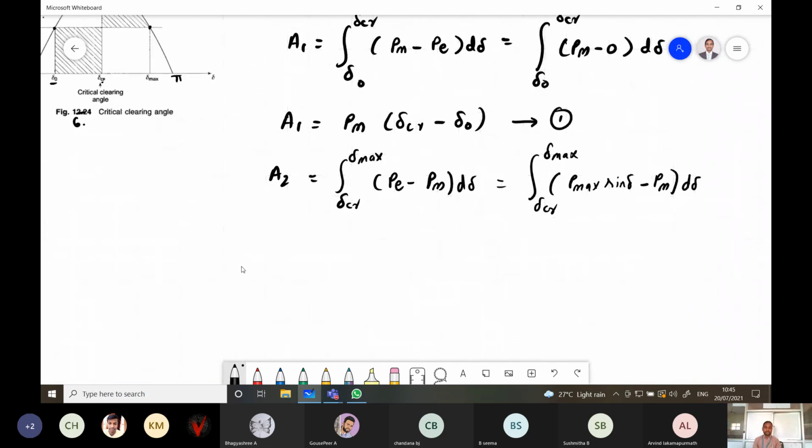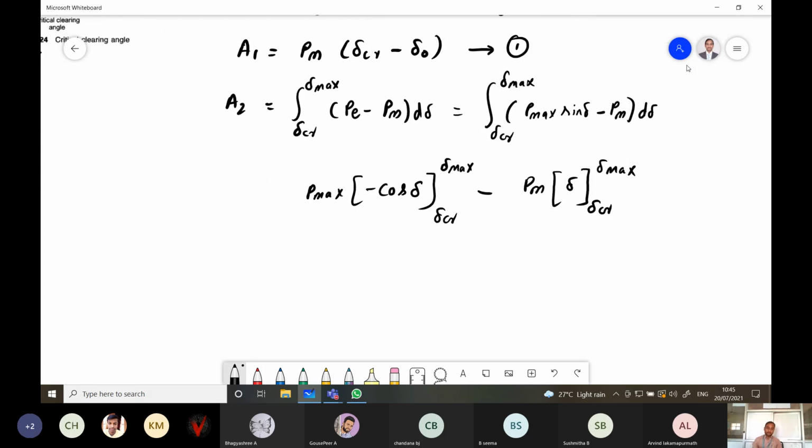Here Pe is equal to P max sin delta, and Pm is written as it is, with respect to d delta. Integrating this, P max sin delta becomes minus cos delta, from delta CR to delta max, minus Pm, applying the limits from delta CR to delta max.